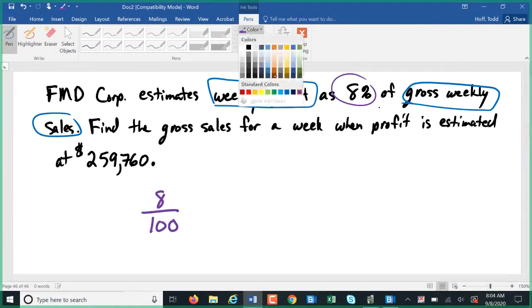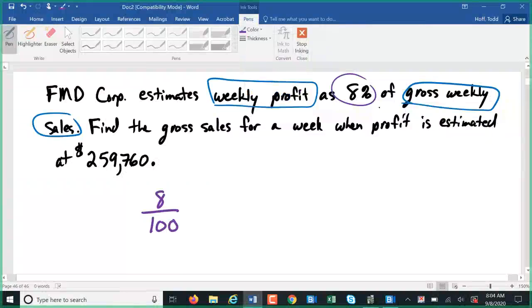Now, before I start matching things up in my percent here, we need to ask ourselves what makes sense. Does it make sense that the profit is a piece of the sales, or does it make sense that the sales is a piece of the profit? Well, it would make sense that your profit's going to be smaller than sales, that part of your sales goes to the cost of the product, the overhead, labor, utilities.